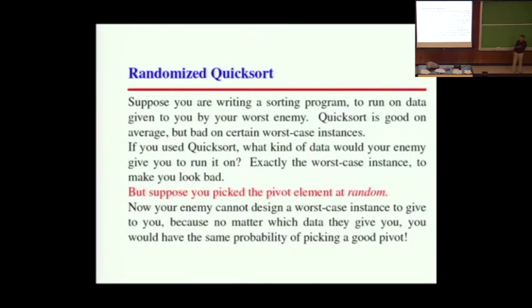Now, what if I always picked the pivot as being the first element? Would have been just as bad, right? Now, some of you say, well, what if I take the median of my first one, my middle one, and my last one? That's something you may have learned, right? Median of 3, right?